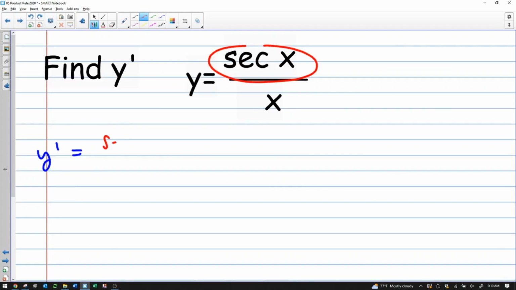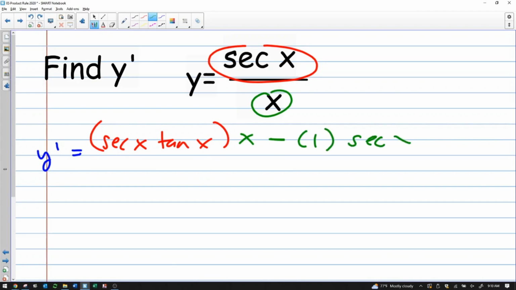So you say the derivative of the first times the second. This is a quotient, so it's minus the derivative of the second times the first, all over the bottom squared. Yes, you have to do that. And that's your answer. The only thing I'd ask you to do is take out that 1, because I want you to know that 1 times secant x is just secant x.